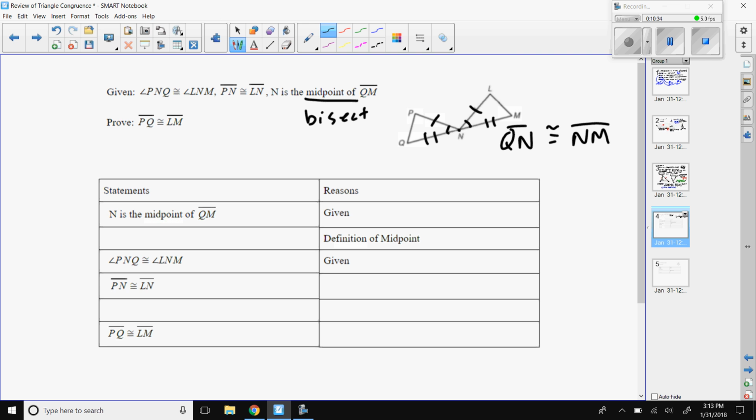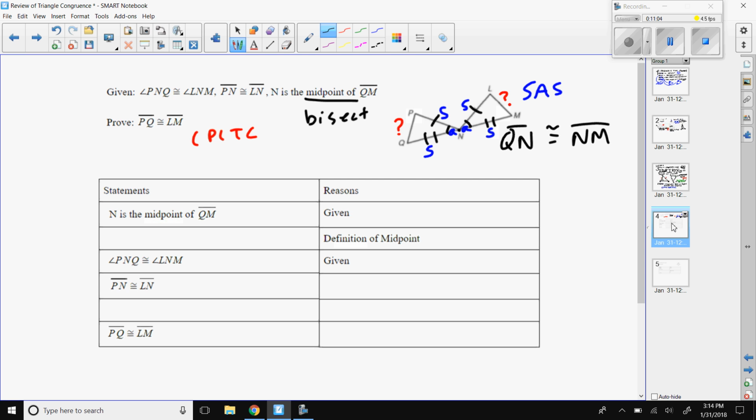And I can already see, just by being able to say that, which will be the definition of midpoint, that I have a side, an angle, and a side. So side, angle, side is what I'm going to want to use. And then it's asking about, are these two going to be congruent? And this is where I'm going to have CPCTC come into play for me.